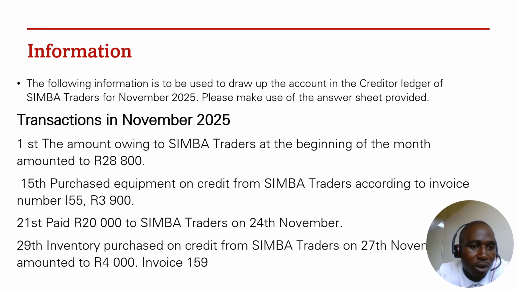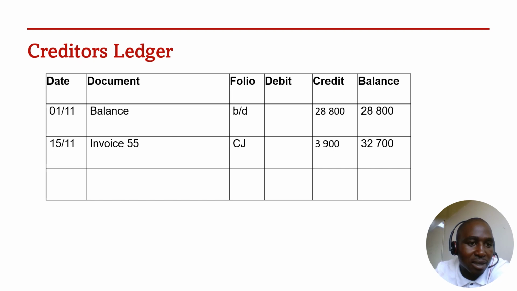Now, let's see how we can record the second transaction. It says on the 15th, we purchased equipment on credit from Simba Traders according to invoice number I-55 for 3,900. Whenever we're purchasing on credit, we write on the credit side. We're increasing our credit. So we'll write the date 15 November, and we'll write our invoice number, invoice 55, on document, and on folio we write CJ, because we have seen that from the creditors journal.